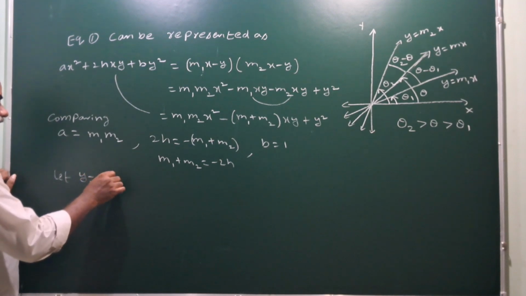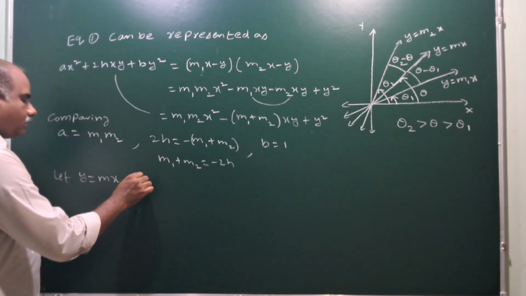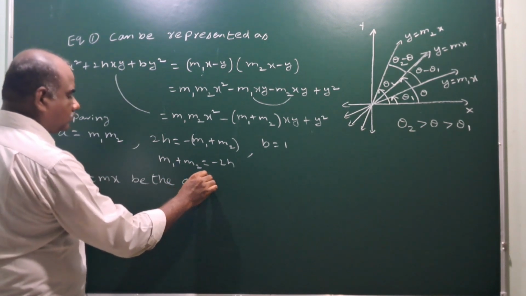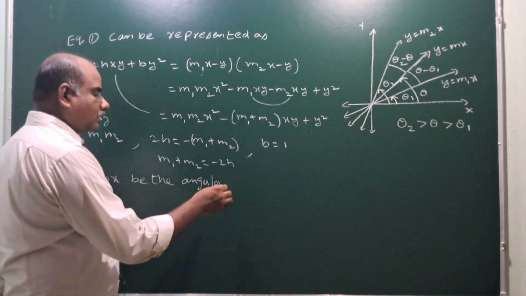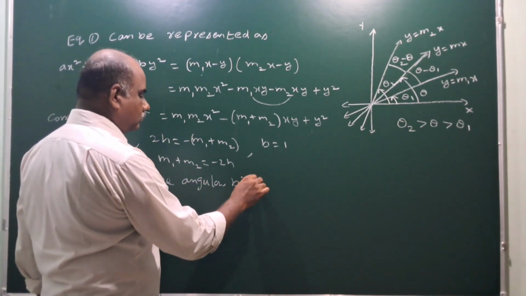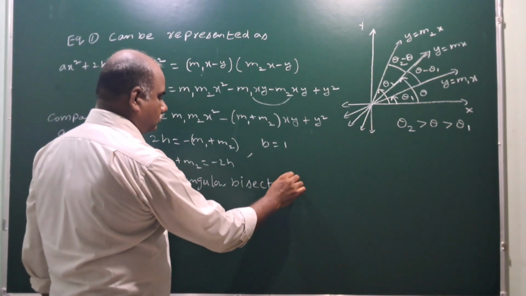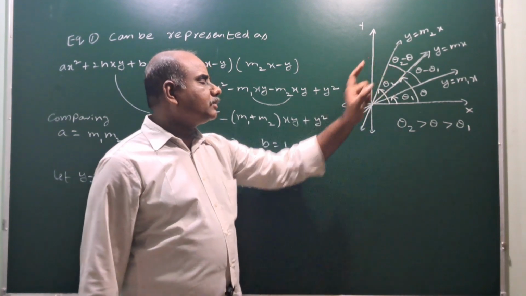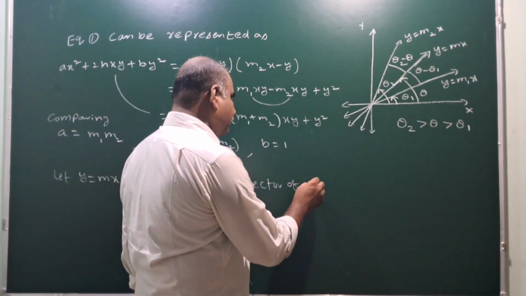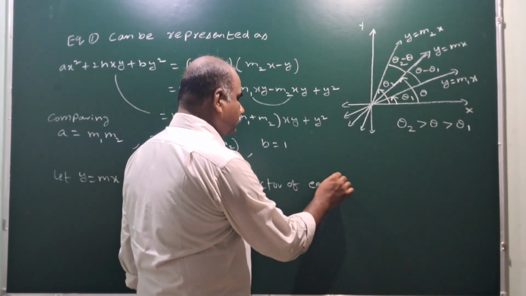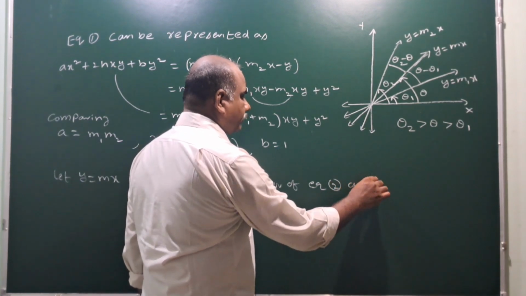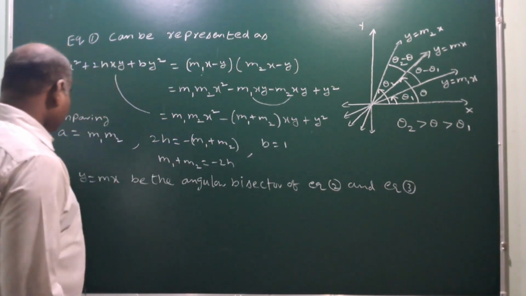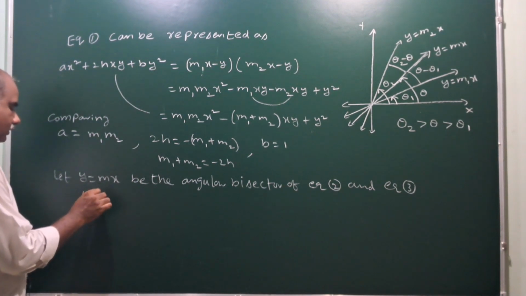Let y is equal to mx be the angular bisector of these two straight lines, the angular bisector of equation 2 and equation 3, where m is equal to tan theta.